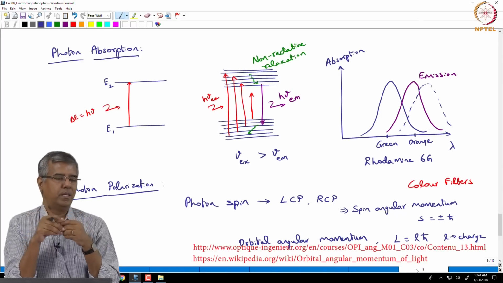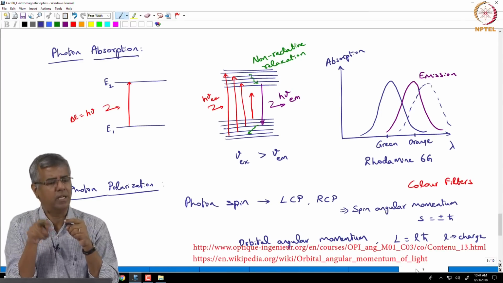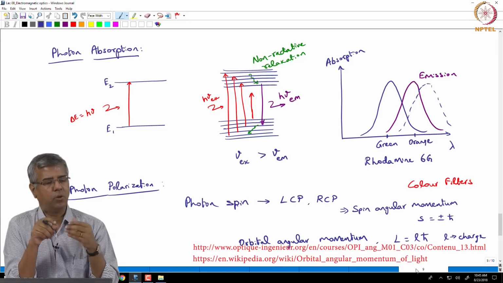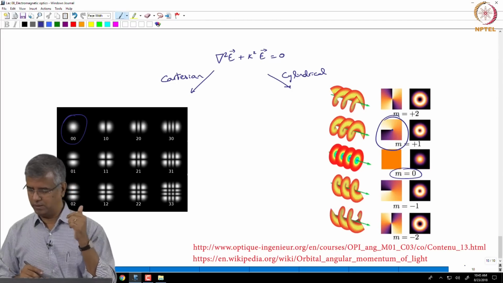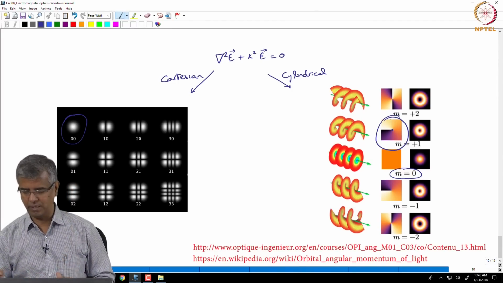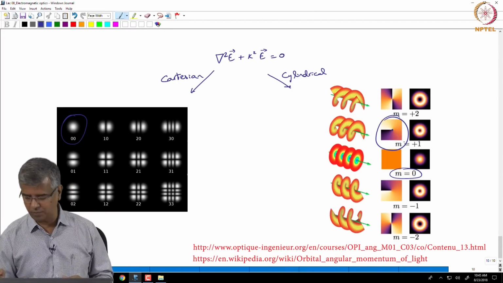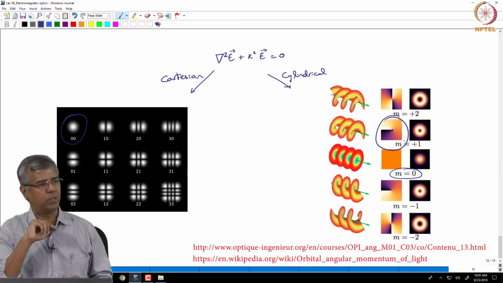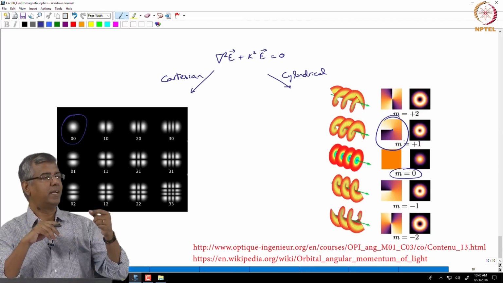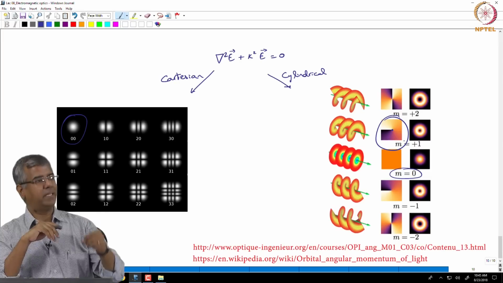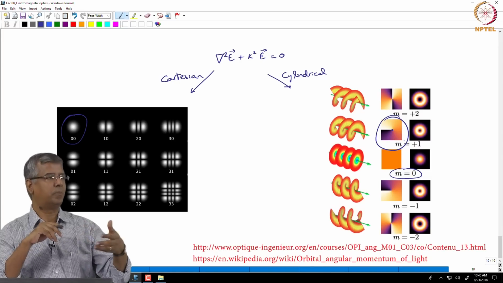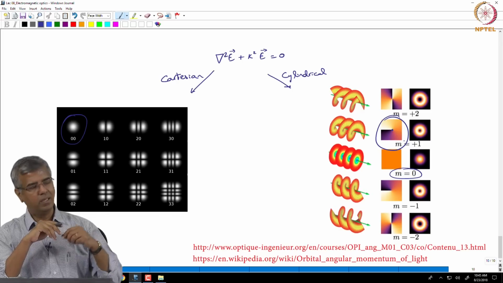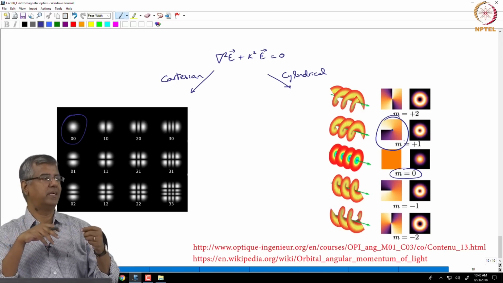A simple example is this: you have circularly polarized light, and then you go into an element which is graded in phase like this, like that circle we are pointing out on m equal to 1. It's graded in phase like this, meaning the glass plate is thicker by a lambda, or gives an optical length of a lambda in certain regions compared to other regions.